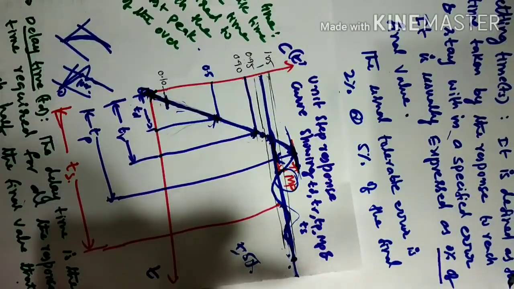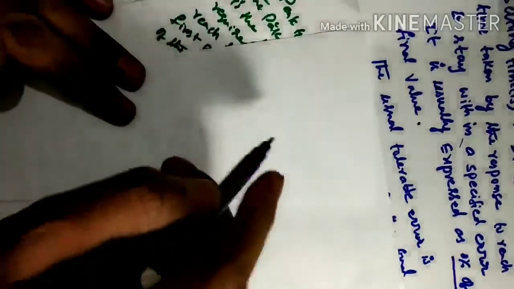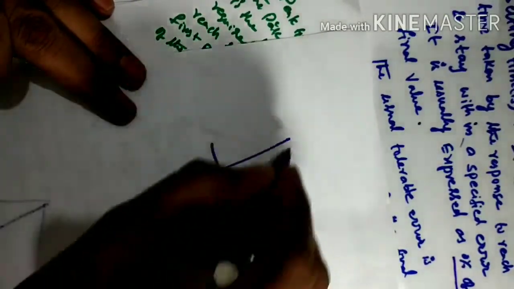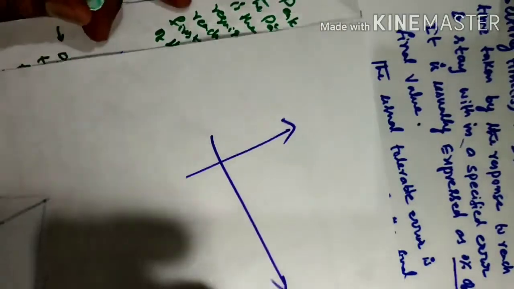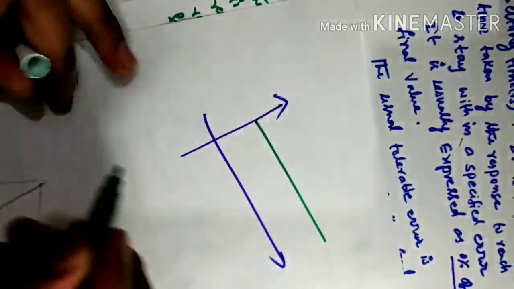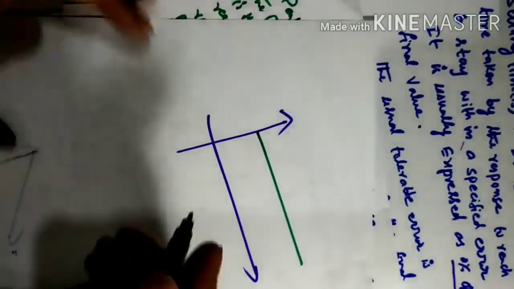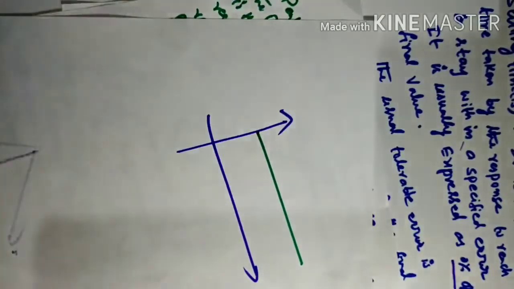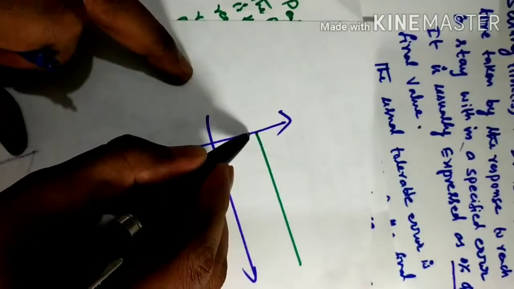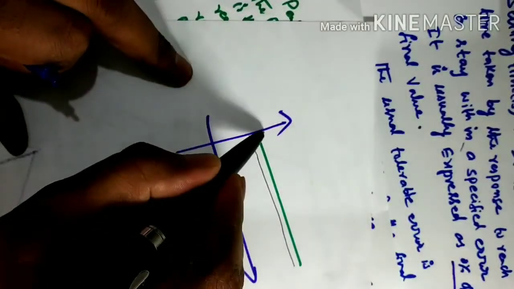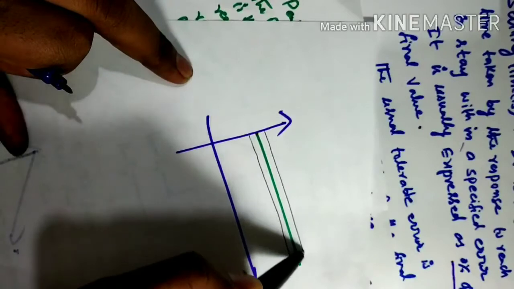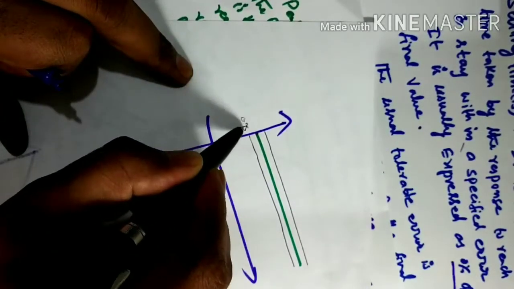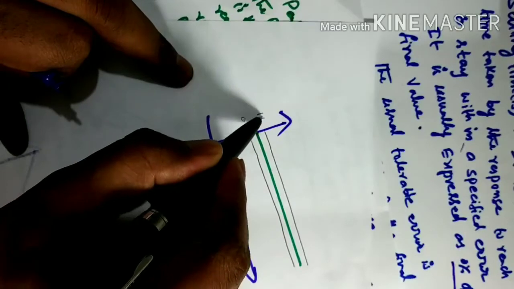If you see this graph, this is the step signal. This is 95 percent, and this is 0.95, and this is 1.05.